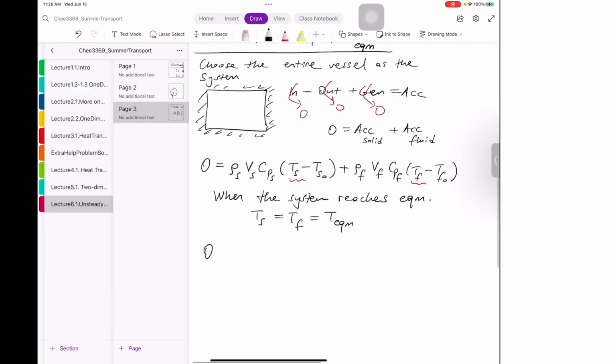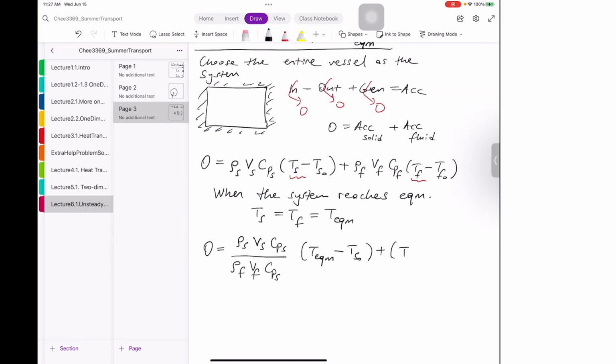So I'm going to have 0 is equal to rho s Vs Cps times T equilibrium minus Ts0, plus, let me divide both sides by this rho f Vf Cpf as well.